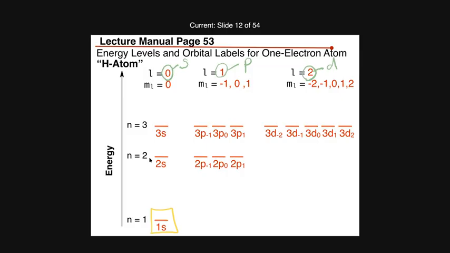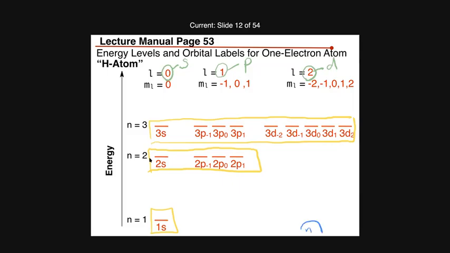If you think about it, the Bohr model talks about the different levels. If I were to draw Bohr's model, it would be the nucleus, and then n equal to 1 would be that. And n equal to 2, you're going to have 2s, and you're also going to have 2p.